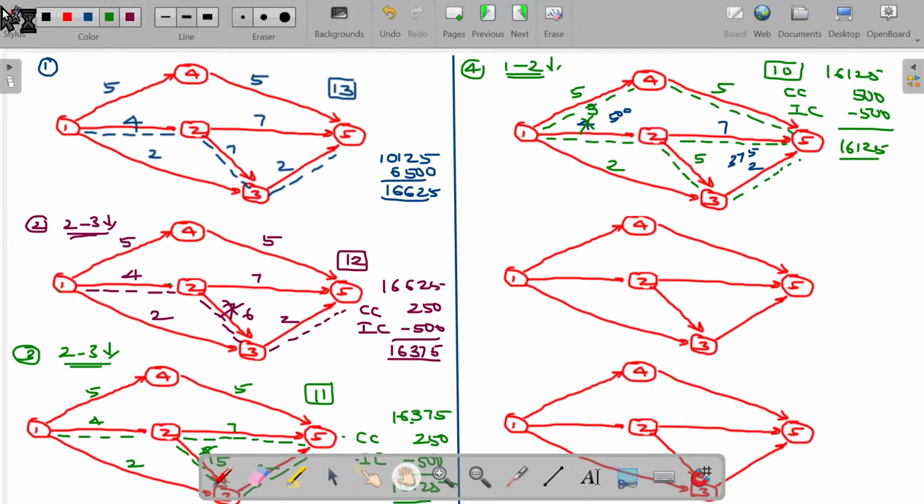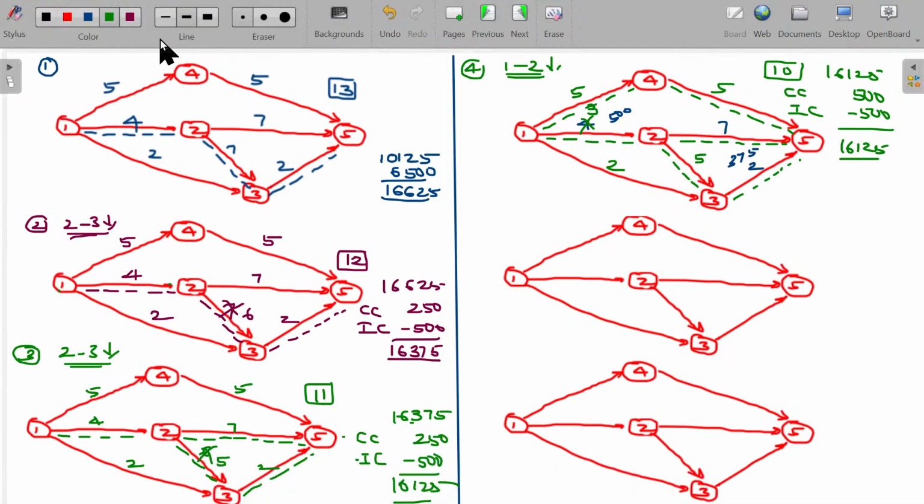Now we'll move on to the next one. Can I further reduce? To reduce further, what happens here? Let me finish the things here first. What are they? 1 to 4, 5, okay. 4 to 5, 5, okay.